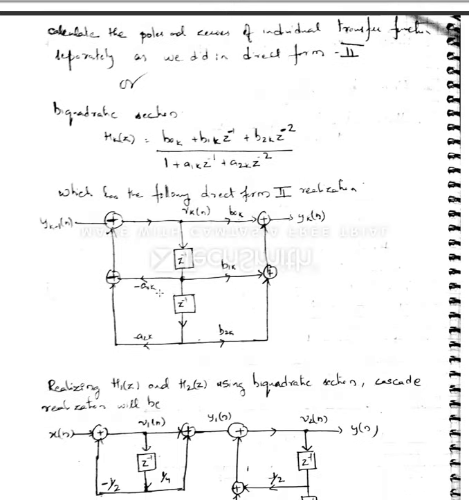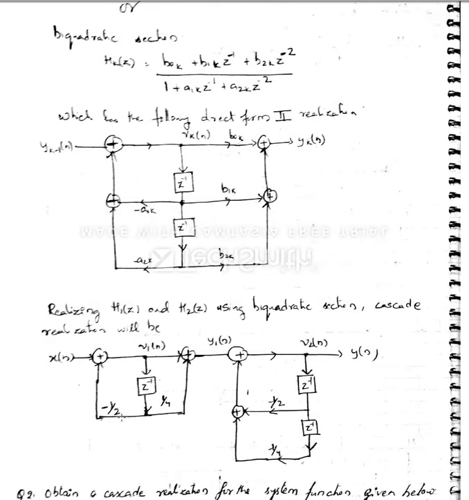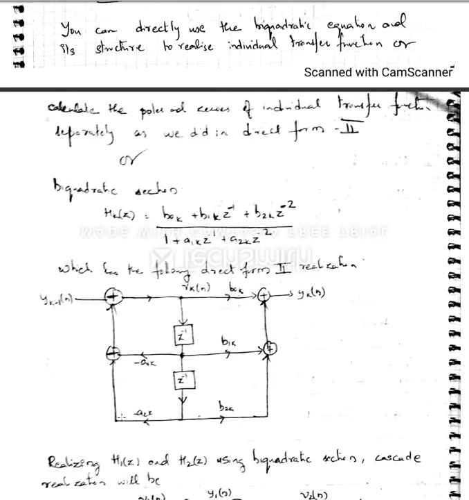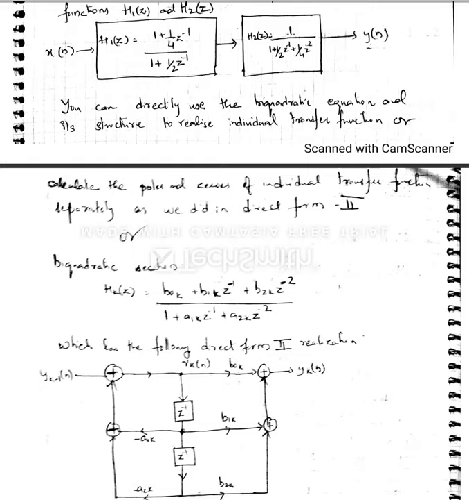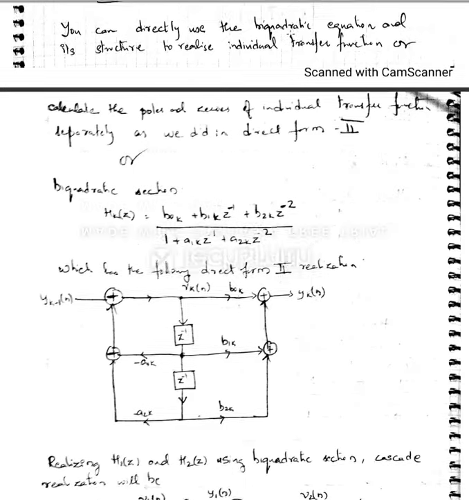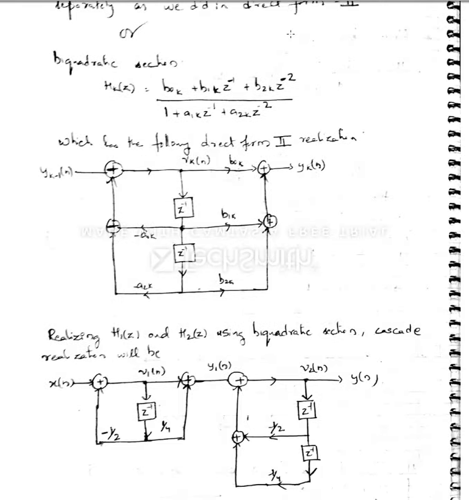So 1 by 2, it is plus 1 by 2. According to the equation, it is minus a1k, so it is minus 1 by 2. Clear? Similarly for this particular transfer function, we have b as 1, we don't have anything after our delay element. So at this particular point we have nothing.